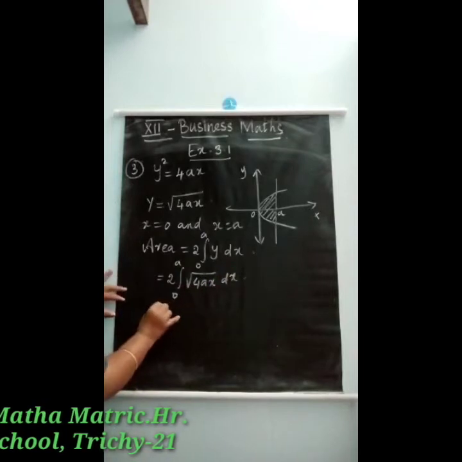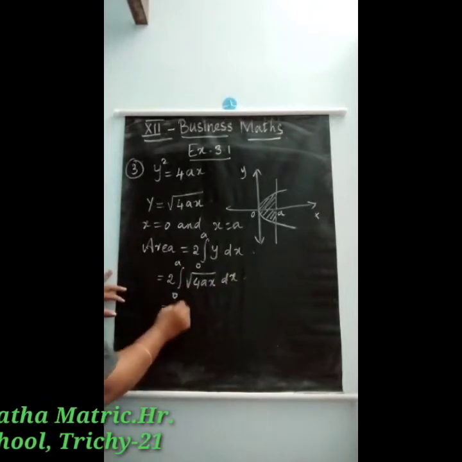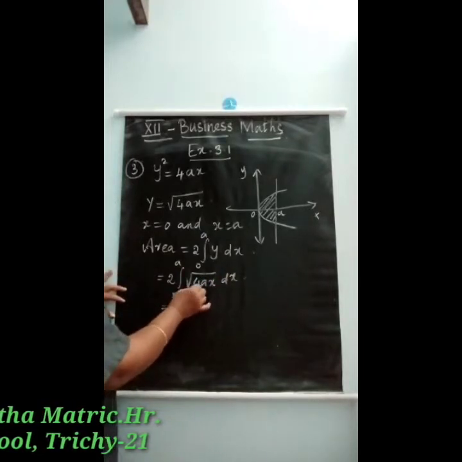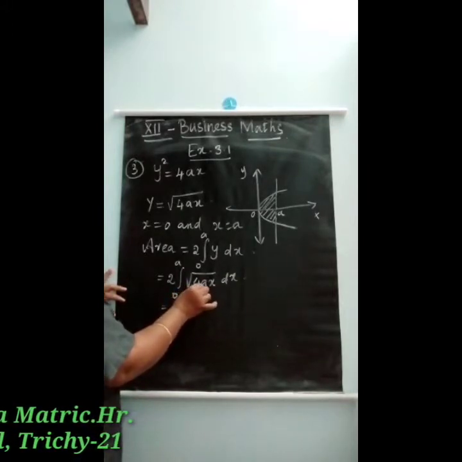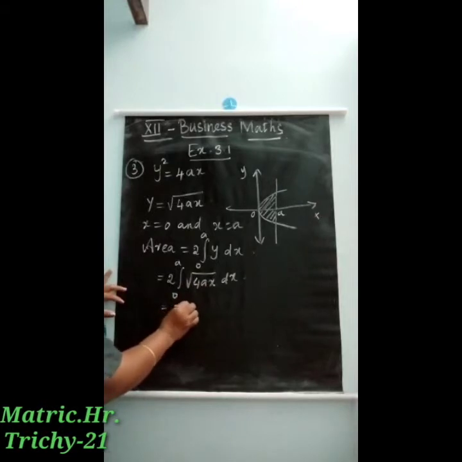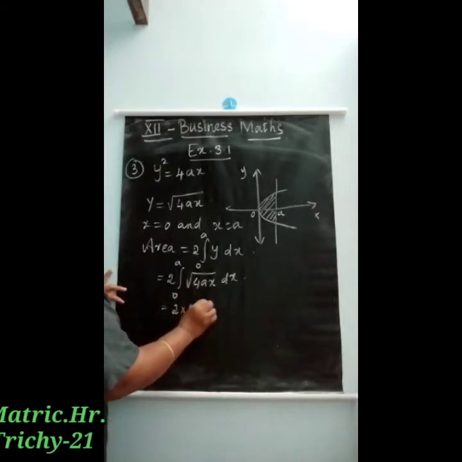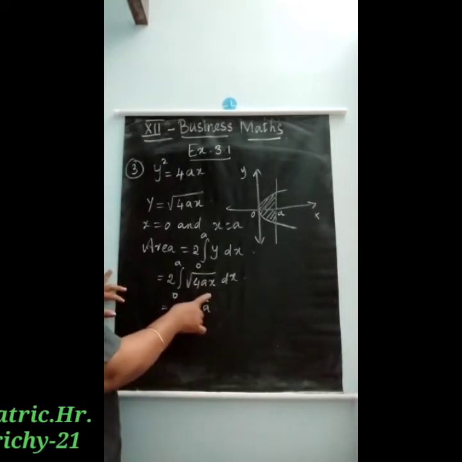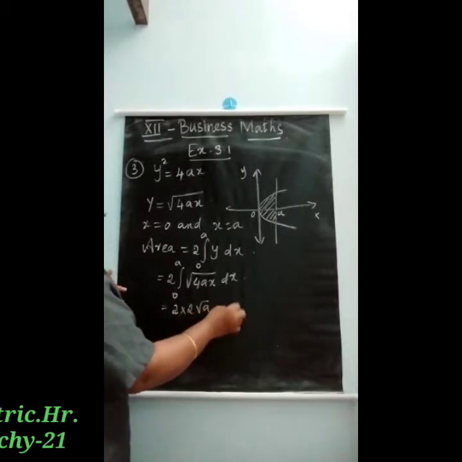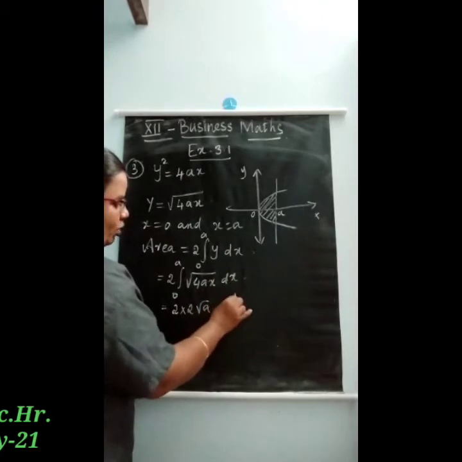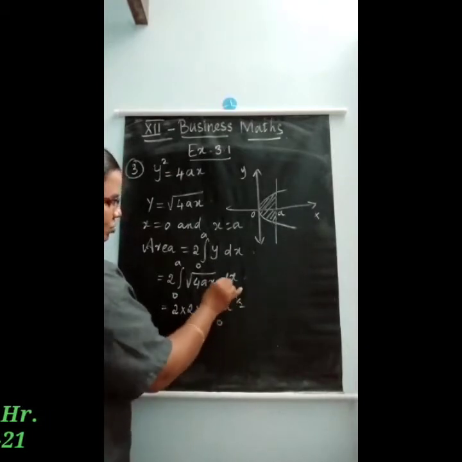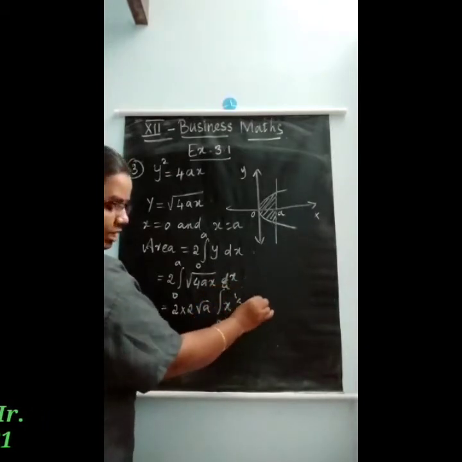Now, we simplify: root 4 is 2, a constant, and root a also constant. So, take out 2 into root a as the constant, and we integrate root x, that is x power 1 by 2, integral of 0 to a dx.